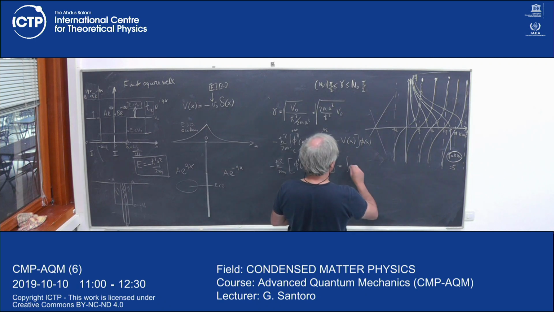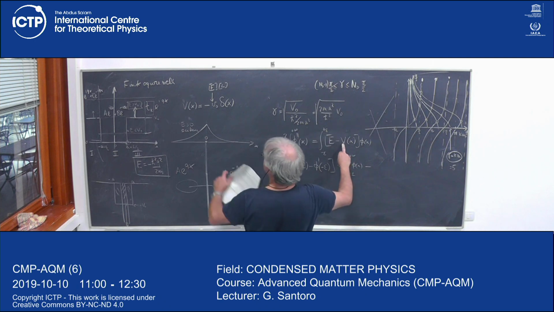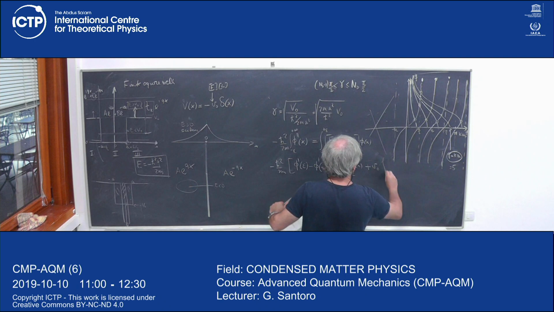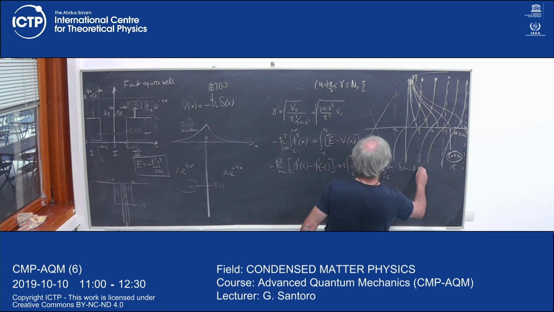Well, it is the integral of E times phi of x between minus epsilon and epsilon minus, well, the potential is, so it's plus V0, the integral of the delta function of x times phi of x.